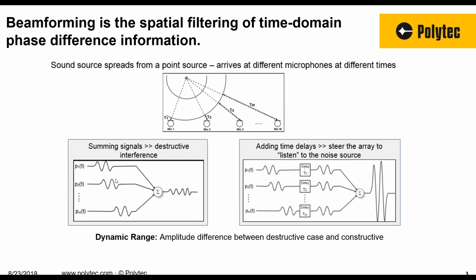What we do is we adjust that time, and we introduce a delay for each of those impulses and line them up here so that they essentially hit the microphones all at the same time. Once we do that, we sum them up, and then we normalize them based on the amount of microphones we have.